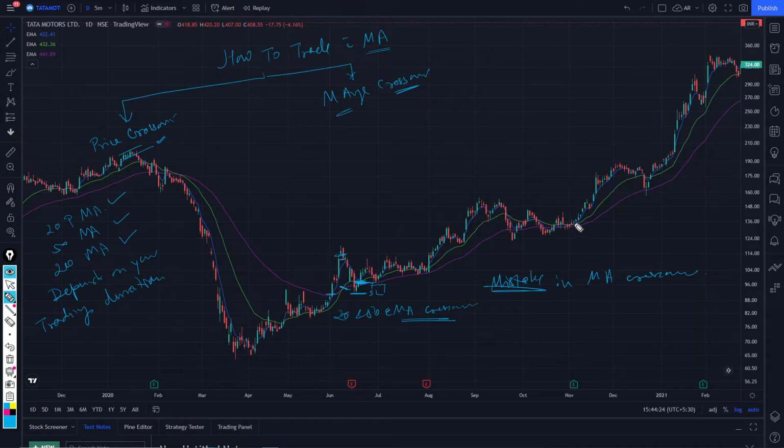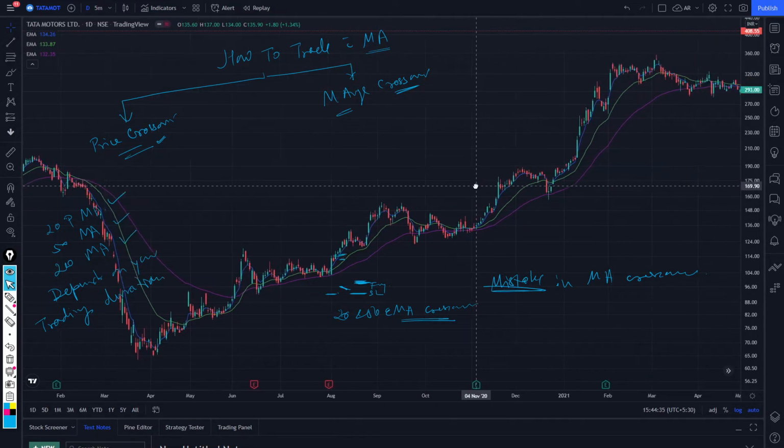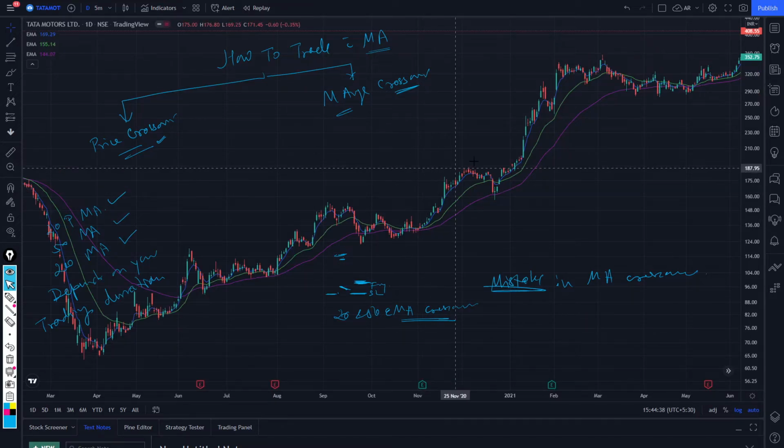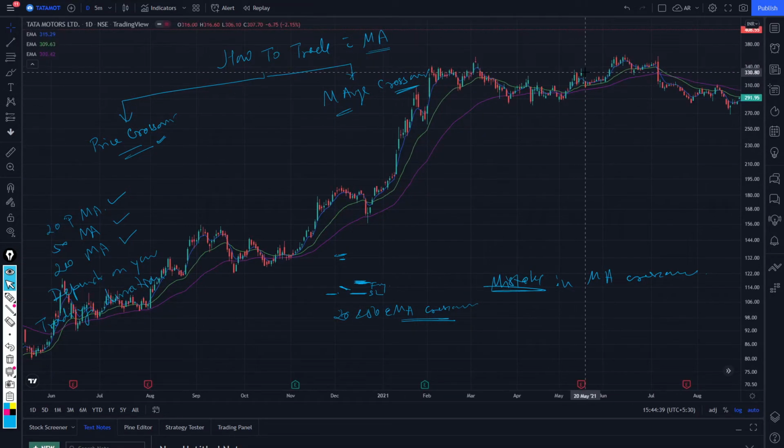and here you can see it's not crossing down, so you will keep riding, and oh yeah, it's way up. You can see the advantage of the crossover: it crossed below at this point of time.